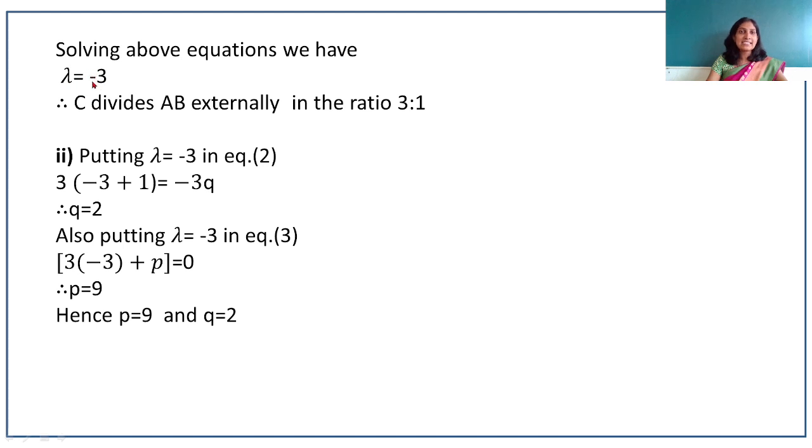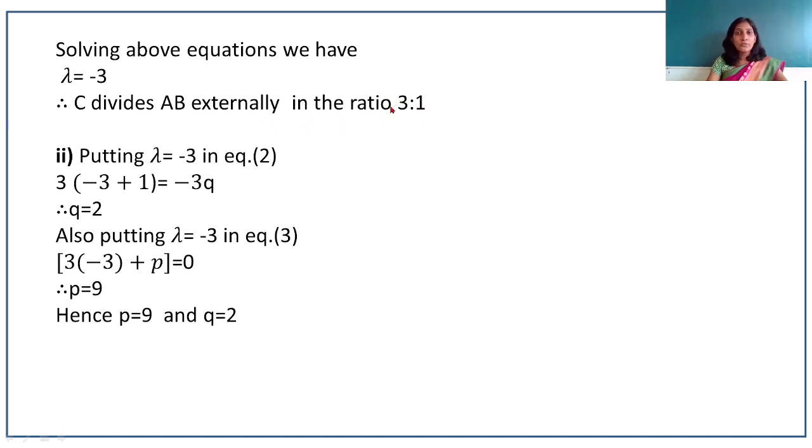This minus sign indicates that the division is external division. If there is a plus sign, then division is internal division. Here minus sign, so division is external division. So C divides AB externally in the ratio 3:1. We can't write here minus 3:1.